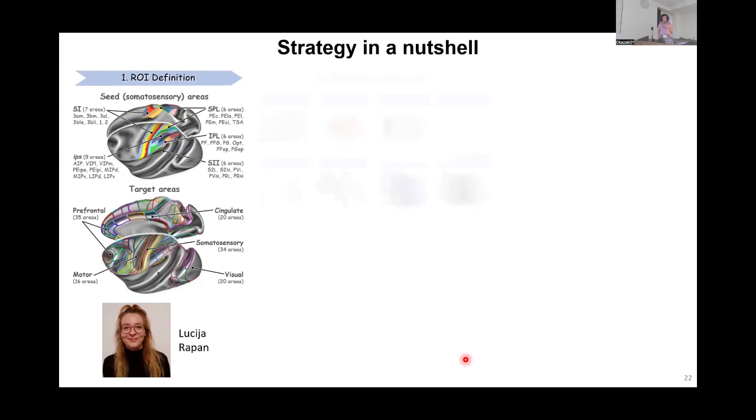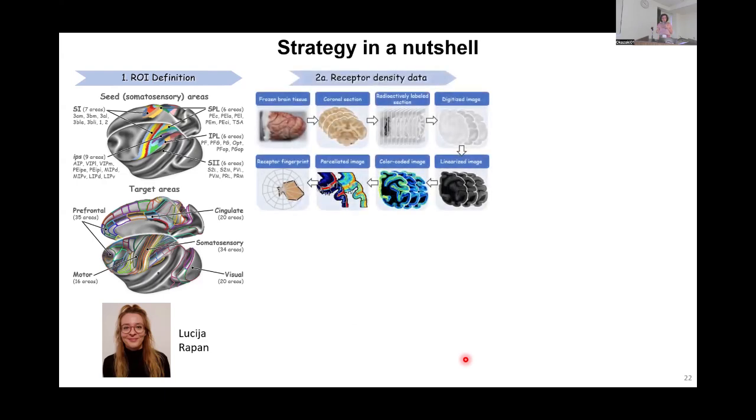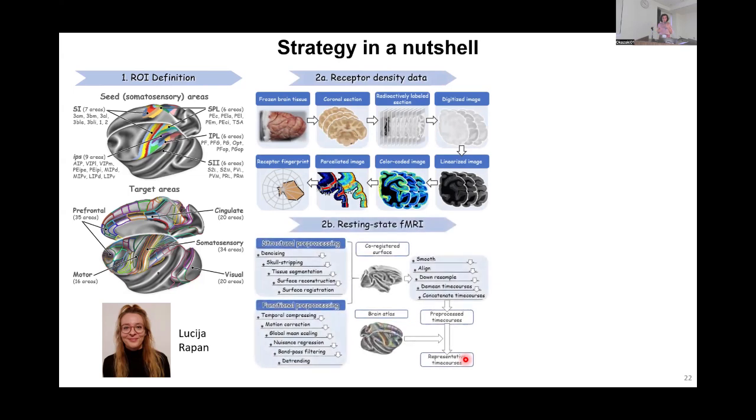Right, so Mechi acquired all of the receptor density data, and then she also used resting state data that is made available via the PRIME DRE consortium. Specifically, for those of you that are familiar with it, she used the resting state data that was acquired by the Oxford group, okay?